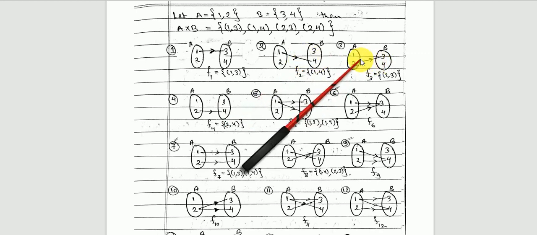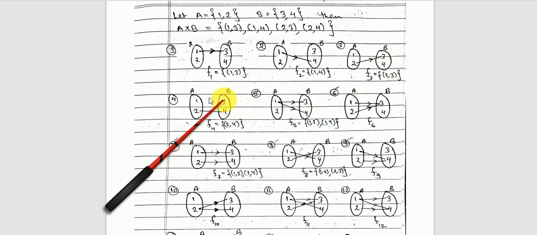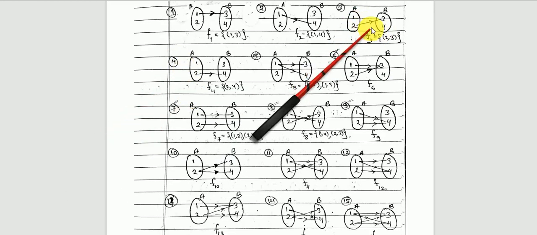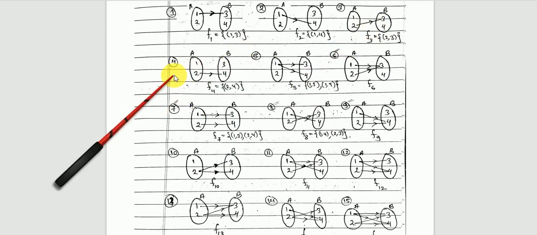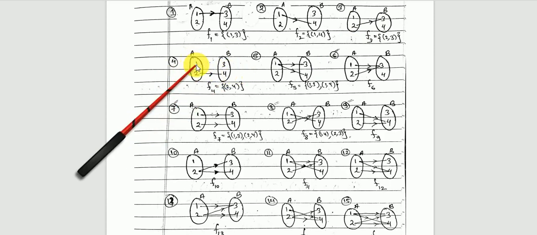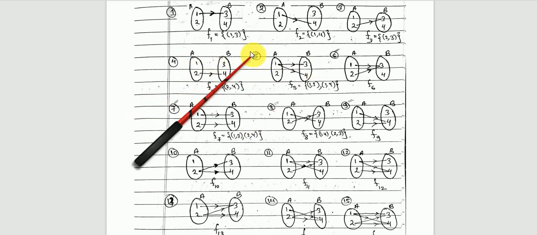Next, check this. 2 is related to 3. 1 is left unassociated, it is not related to any element of B. So this is a relation but not a function. Check this fourth one. Here 2 is related to 4, and 1 is not related to anyone. So again this is not a function.